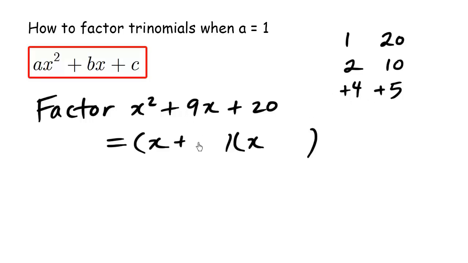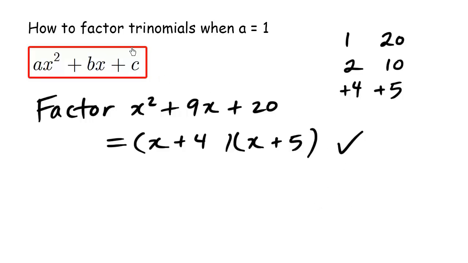So I'm going to drop these numbers in: positive 4, positive 5. You should FOIL it out. X times x is x squared. This here, using FOIL, is 5x, and the inside is 4x, which gives you 9x. And positive 4 times positive 5 indeed is positive 20. So this here is the factored form.